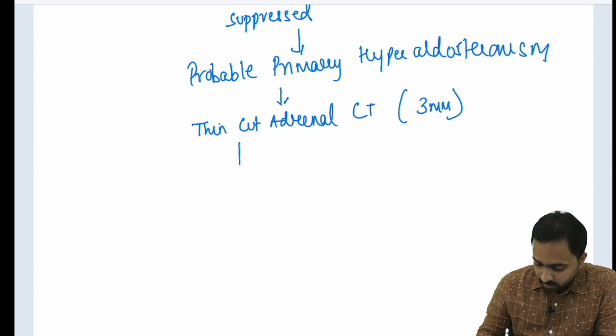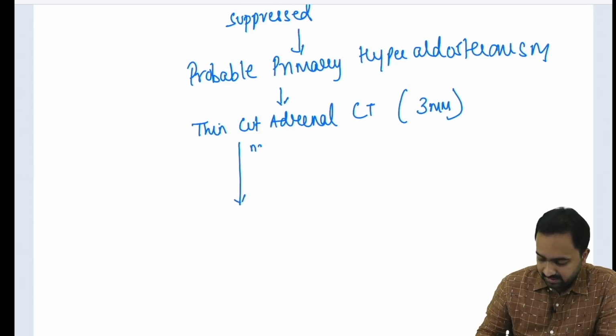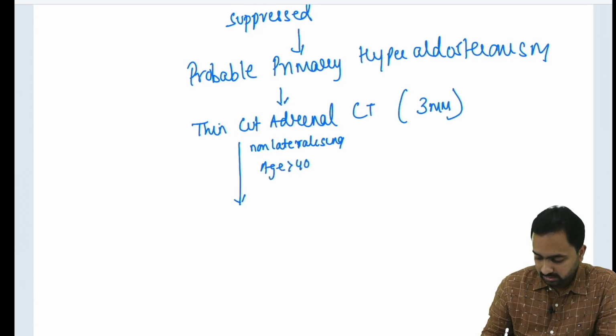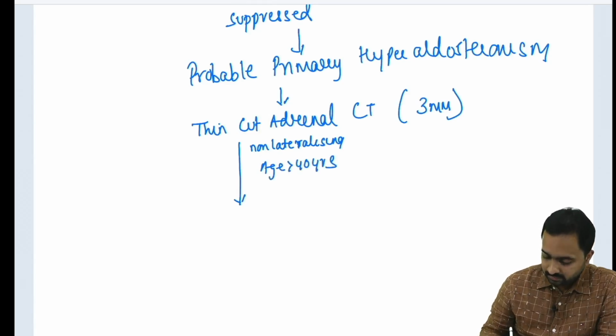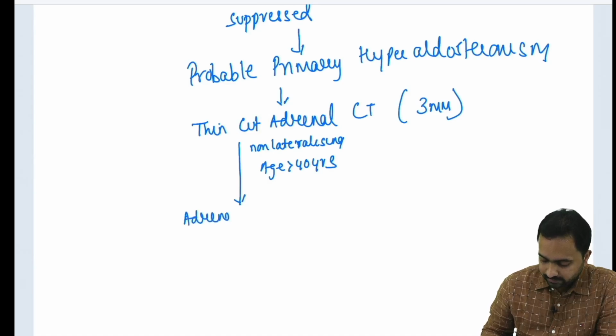So on this, if we find that it is non-lateralizing, that is, I'm not able to make a diagnosis, and the age is more than 40 years, then we do adrenal vein sampling.